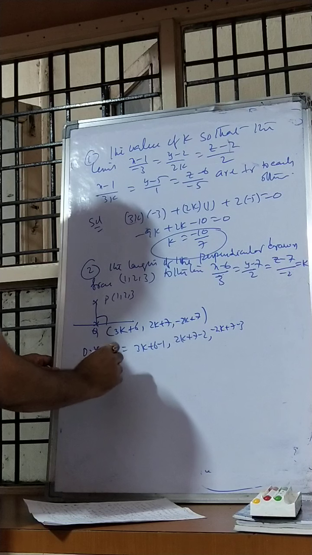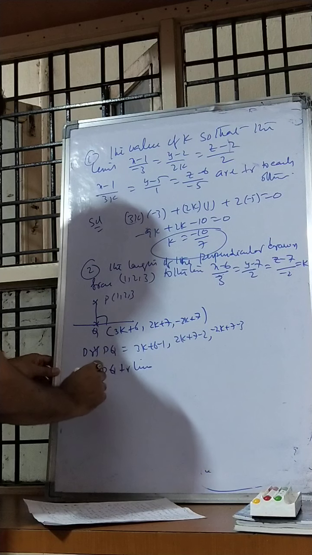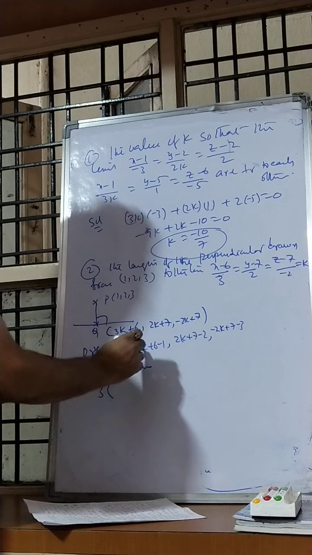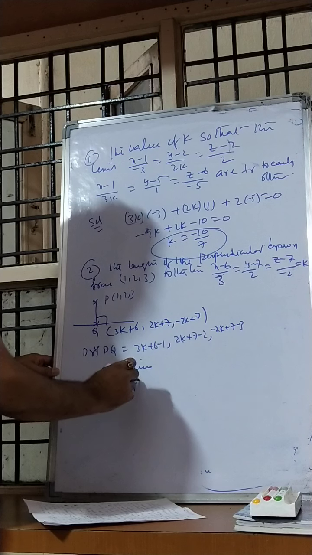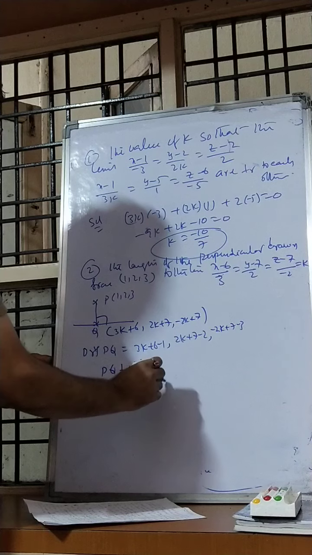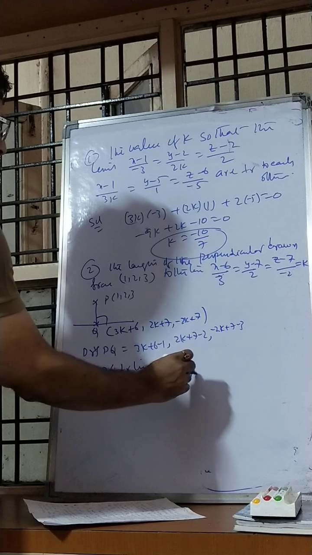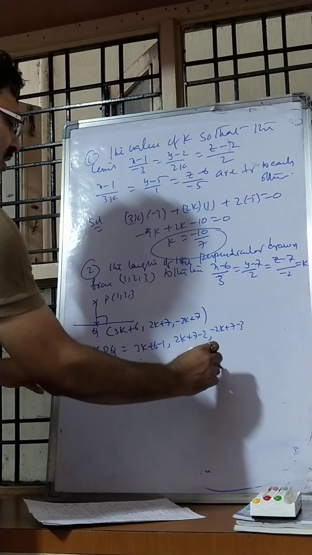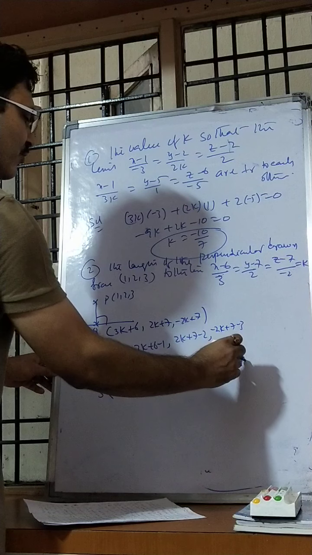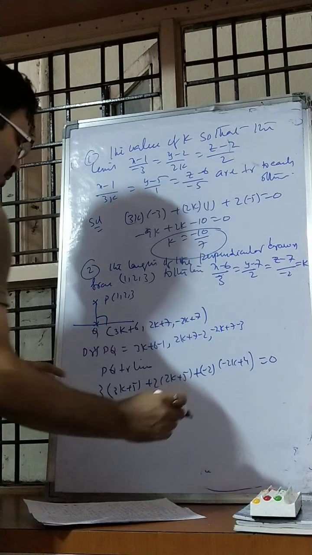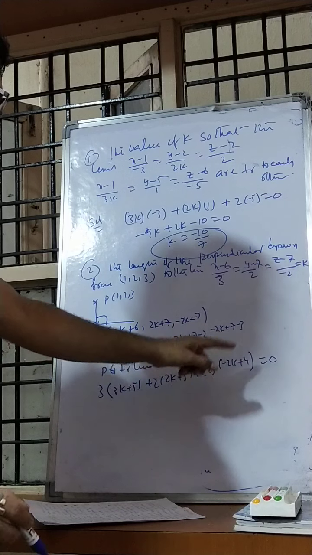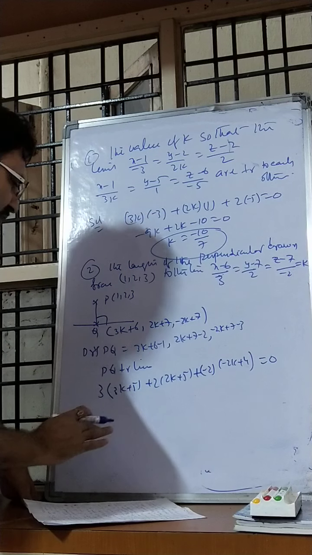Now PQ is perpendicular to the line, you know very well. That means the line drs are 3, 2, minus 2, and PQ drs are 3k plus 5, 2k plus 5, minus 2k plus 4. A1 A2 plus B1 B2 plus C1 C2 is equal to 0.